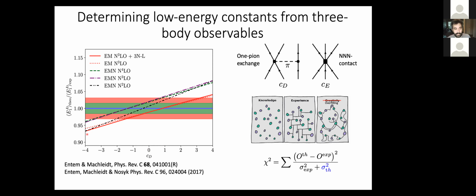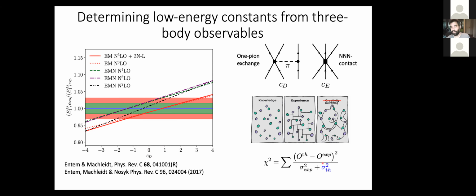So ideally, if we only use the experimental error, we would find out where our lines cross this blue line, and where it crosses the edges, that would be our uncertainty in our determination of CD. However, this red box and this green box are the theoretical uncertainties, what happens if we take into account our theoretical uncertainties. So you see that these dominate, and they give you a much broader range of CD and CE.